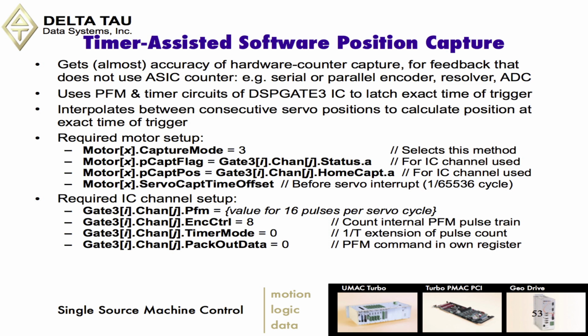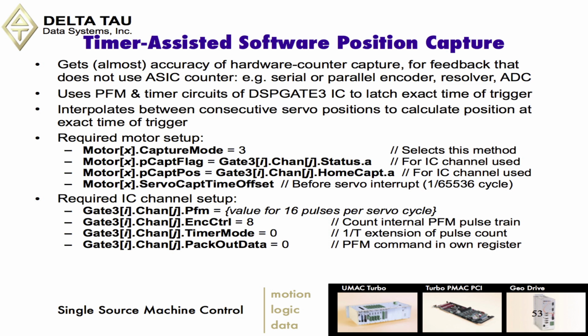But basically, this allows us to almost get the accuracy of a hardware counter for feedback that's not using the actual counter register in the IC, like serial or parallel encoders, resolvers, or an ADC that we're reading for our feedback device.